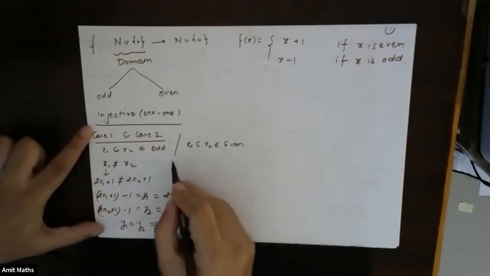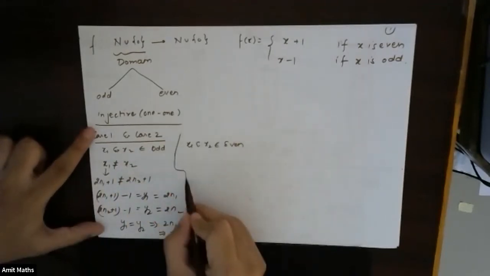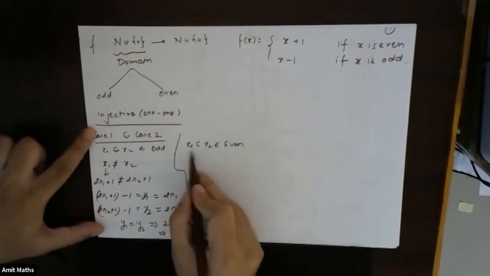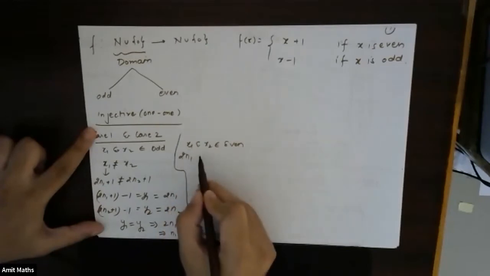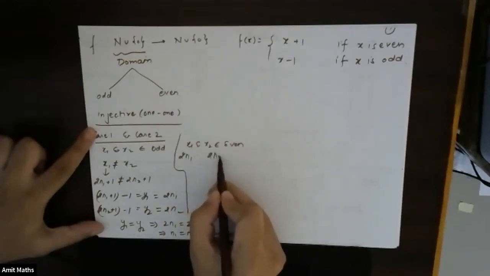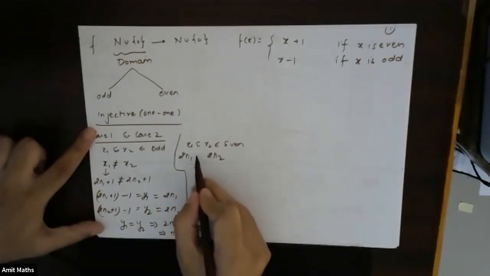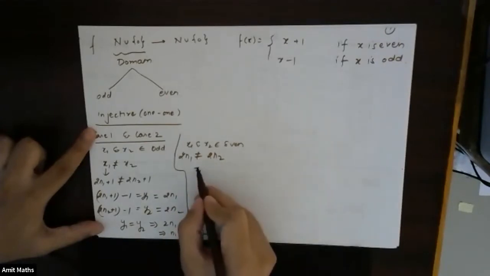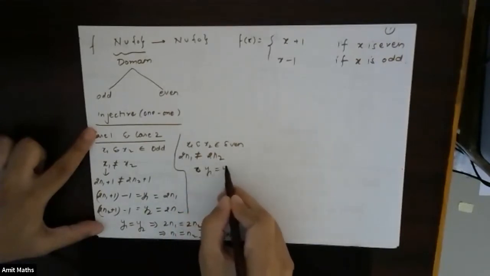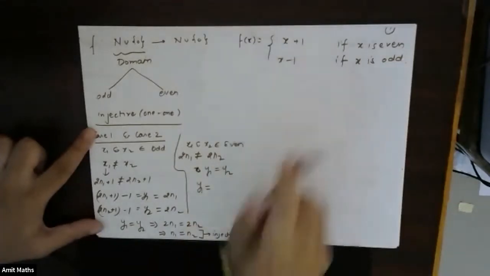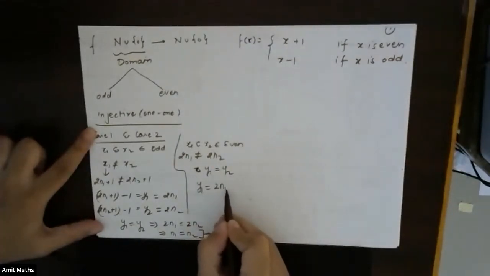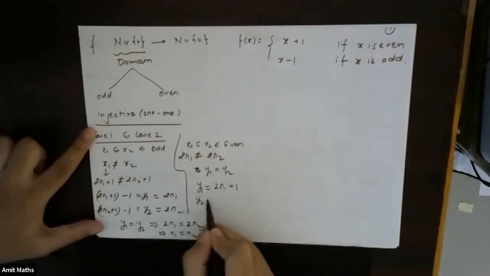Now the second part is when x1 and x2 belong to even. I can take x1 as 2n1 and x2 as 2n2, where these two are not equal. Substituting, y1 equals 2n1 plus 1 and y2 equals 2n2 plus 1.